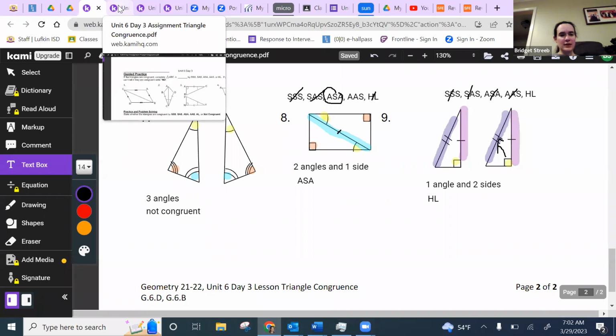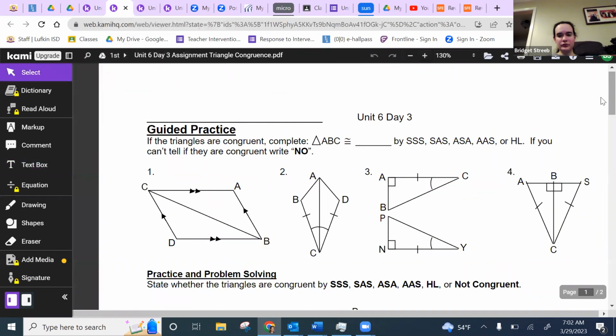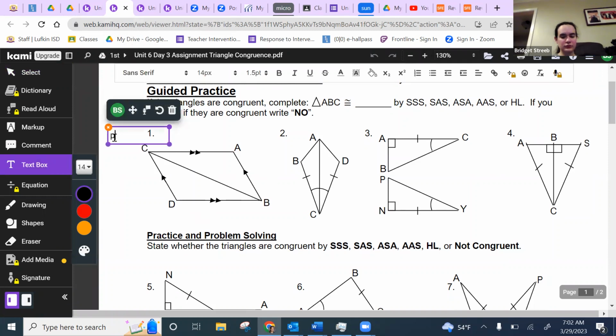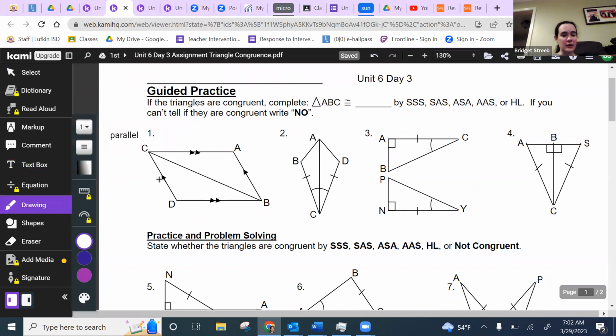On to the practice. So these little arrows, they mean parallel. They don't mean congruent, they mean parallel. So that does not tell me that sides are congruent.